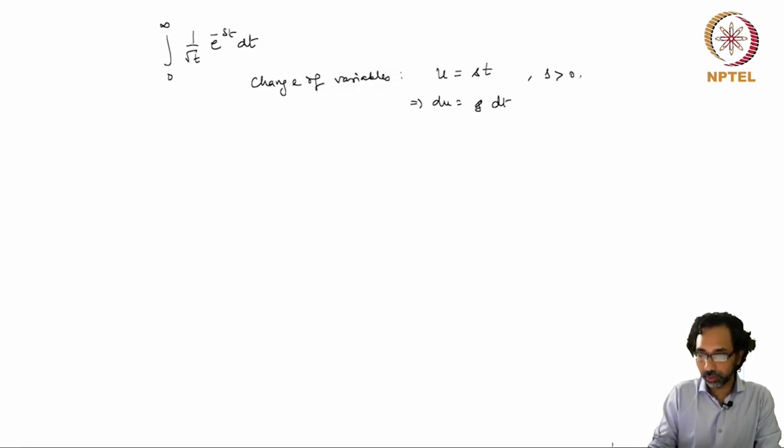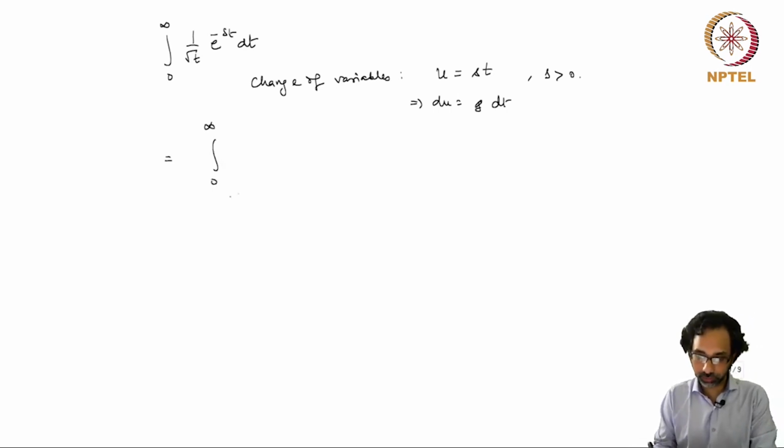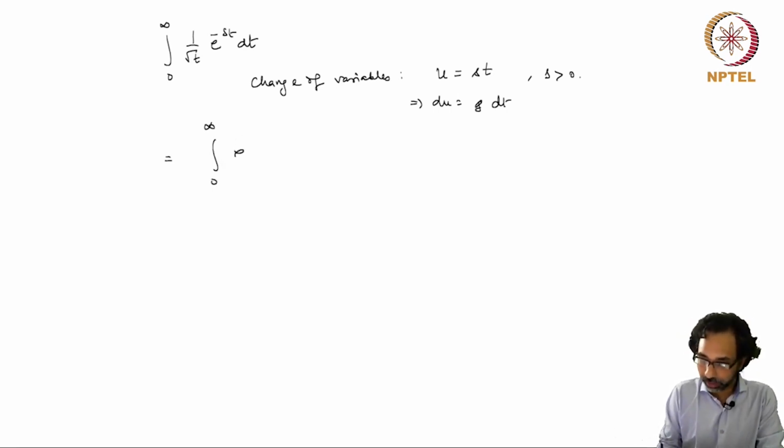Here s is assumed to be positive, and so our integral is again from 0 to infinity, because s is positive, of exponential minus u, and then you have 1 over (u by s) to the power half, and you have here du over s.